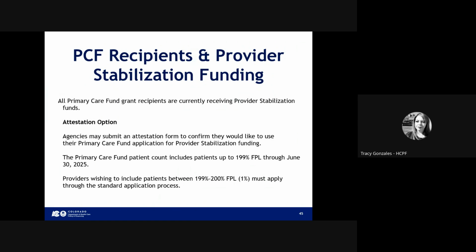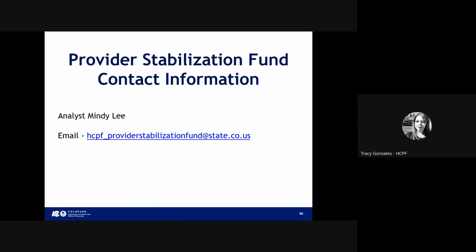So that would include filling out the provider stabilization application, as well as securing an outside entity to certify your numbers again. You can contact Mindy Lee for any questions related to the Provider Stabilization Fund at the Provider Stabilization Fund inbox, and here is that information.